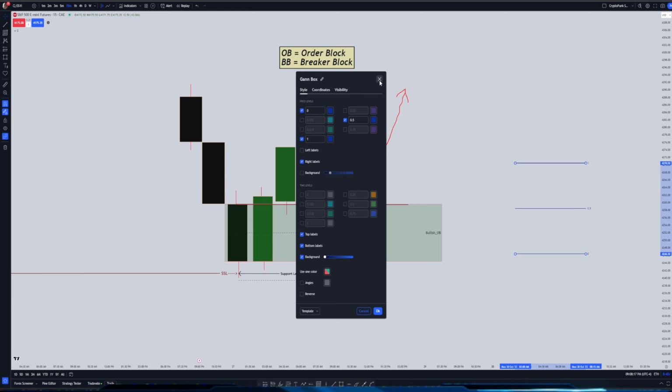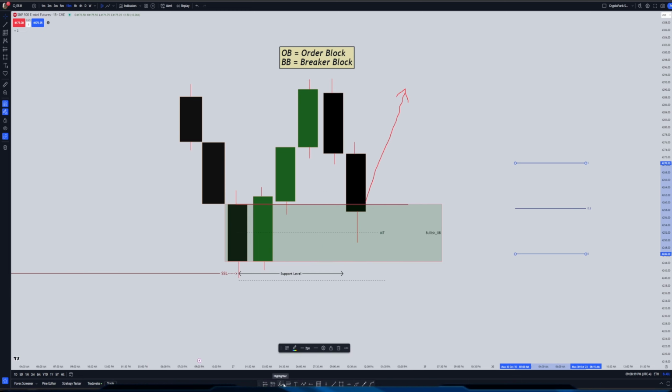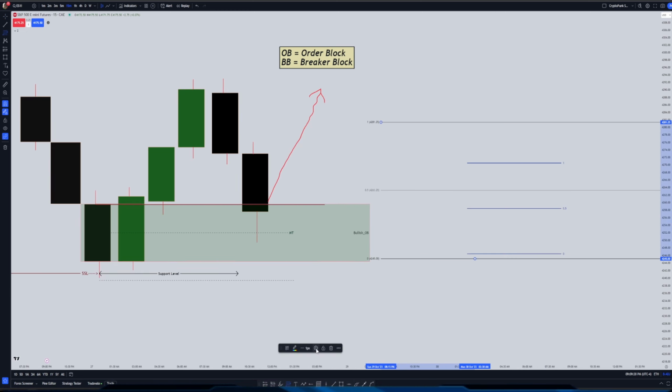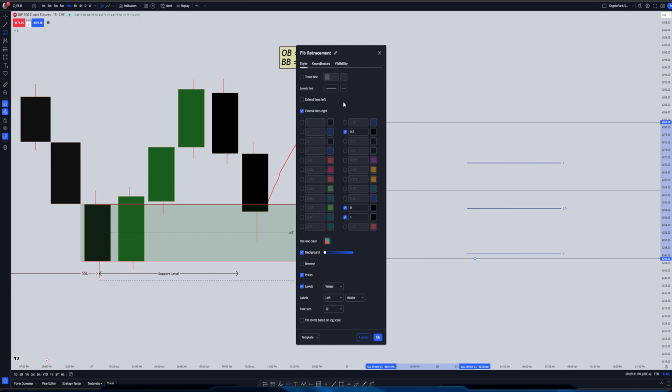If you don't want to use the gun box, you can go to your fib retracement, and then you can go to the settings of that fib retracement tool. You can use the 0.5, 0, 1. Now I have it in a different position than the usual, but it doesn't matter wherever you put it.